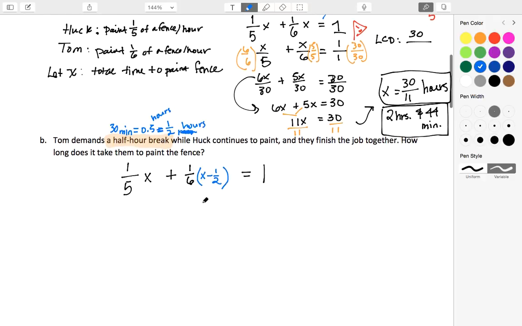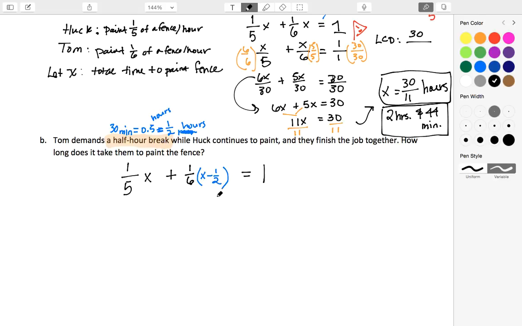And then from there, we can go ahead and solve for the total time, including Tom's half-hour break, but not the time that's productive, right? Because he's taking a break, so he's not productive in that time frame.